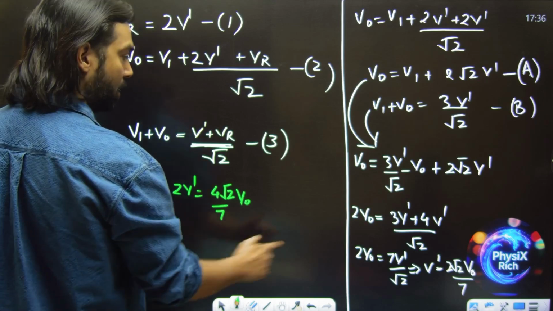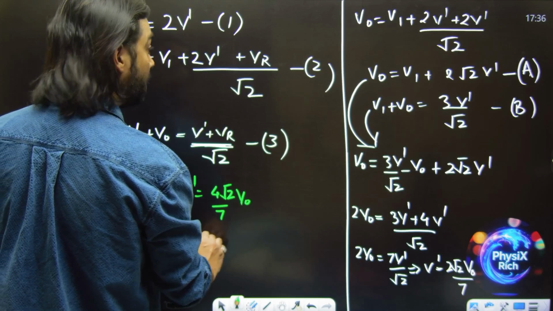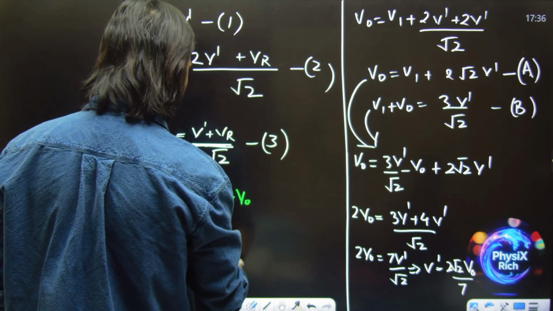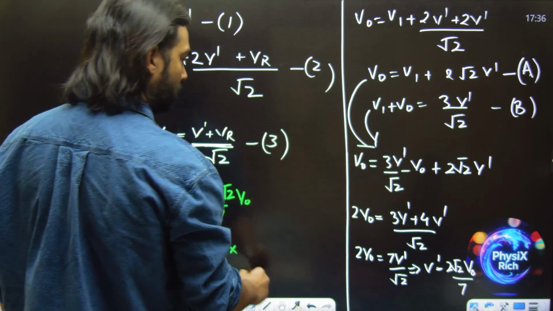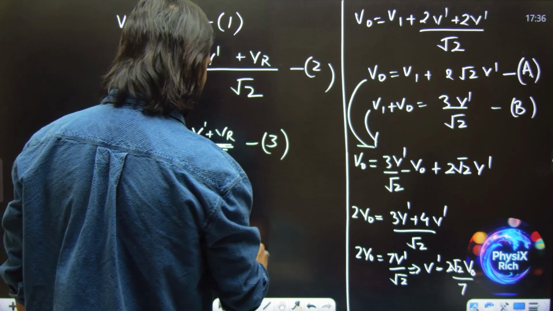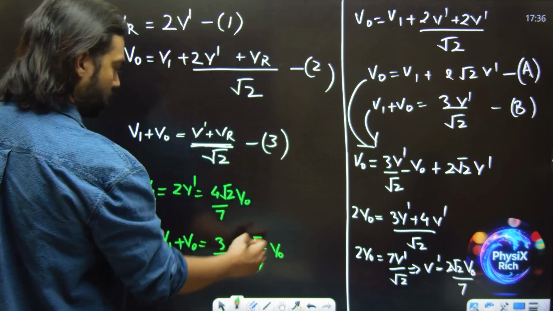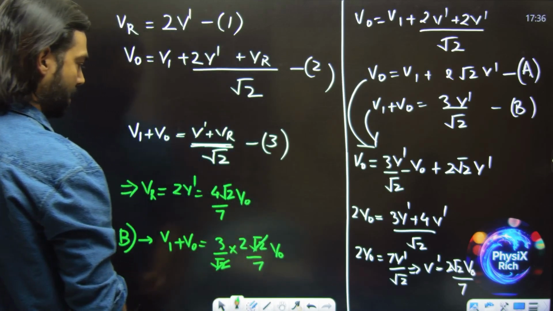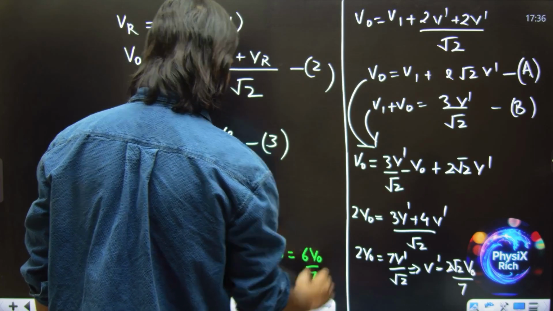So I get V1 plus V naught equals to 3 by root 2. And what is my V dash? V dash is 2 root 2 by 7, so 2 root 2 by 7 V naught. So this root 2 cancels and this becomes equal to 6 V naught by 7.